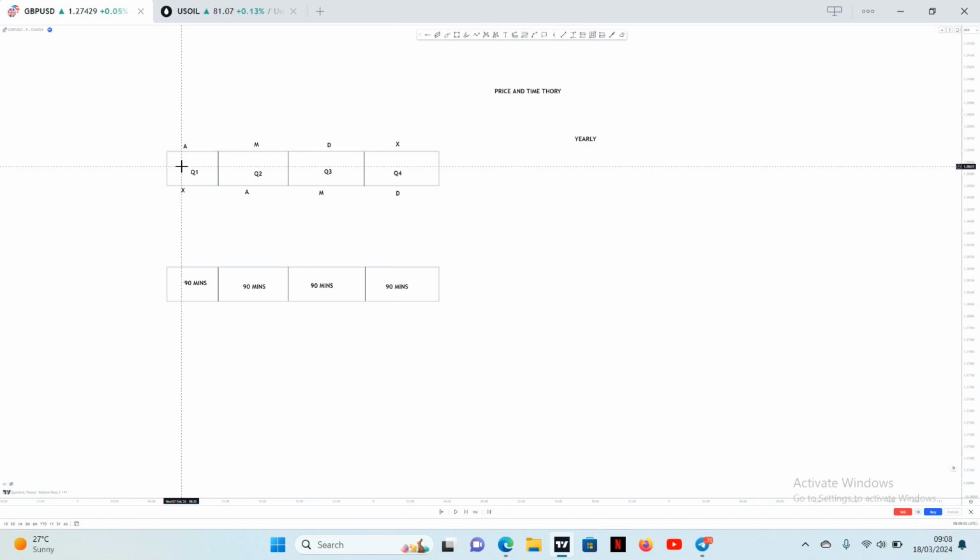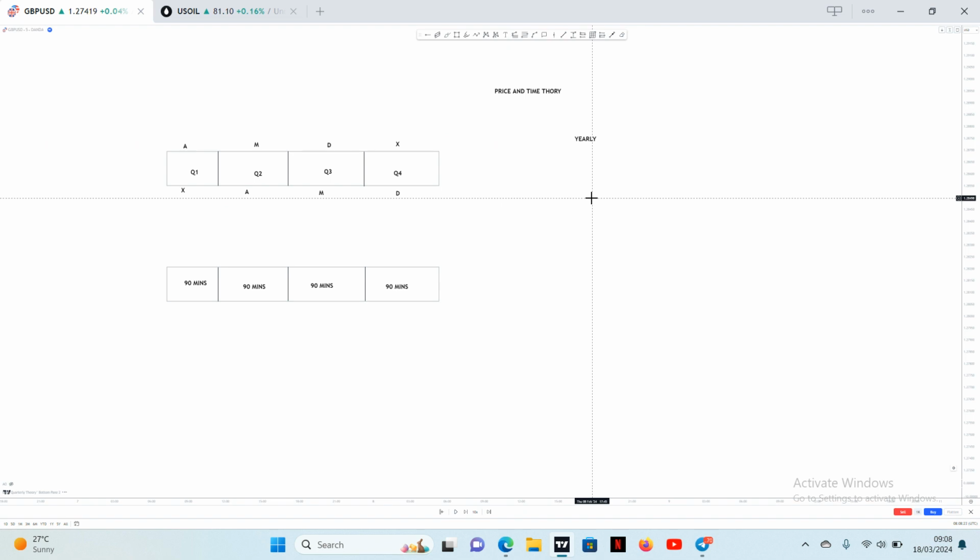That's January to March, first quarter; April to June; July to September; then October to December. 4 quarters, and each of those quarters represents something in a year.